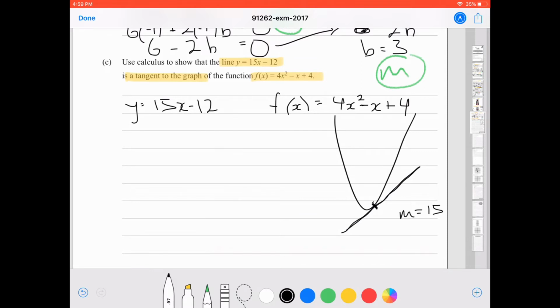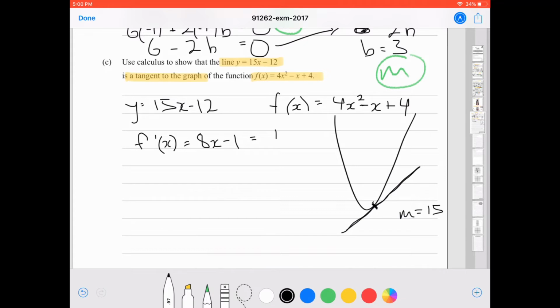Okay, so we can take the gradient function of our parabola, f dash of x, that is going to equal 8x minus 1, and we want to find out the x coordinate when our function's gradient is 15. So we can say this actually equals 15.